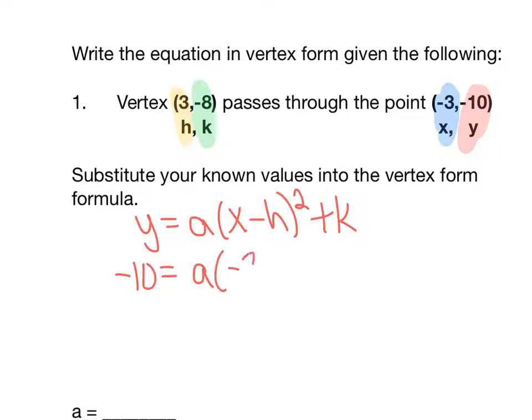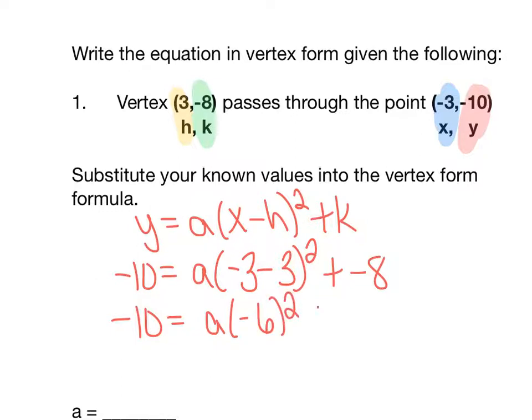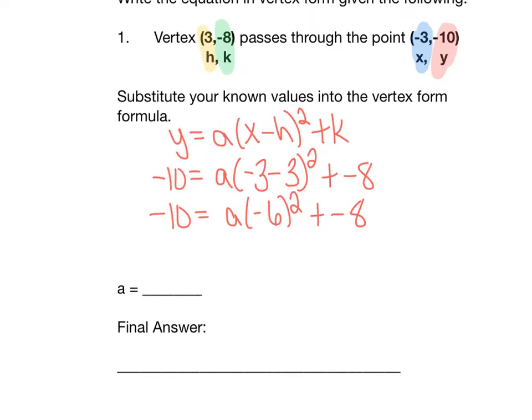X is -3, minus h, which is 3, squared, don't forget that squared, plus k, and k is -8. So we're just going to do some simplifying. -10 equals a times (-3 minus 3), which is -6 squared, plus -8.